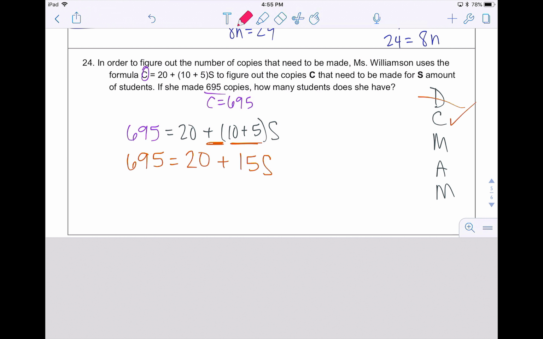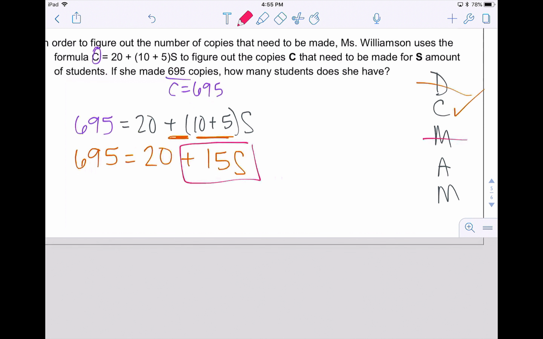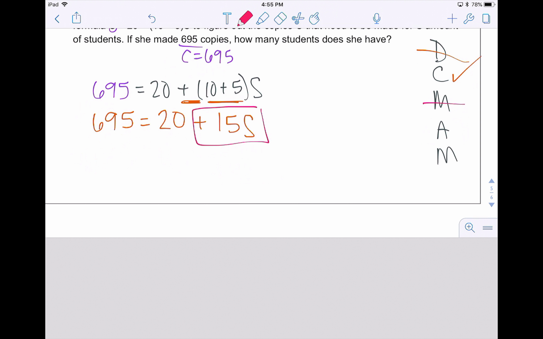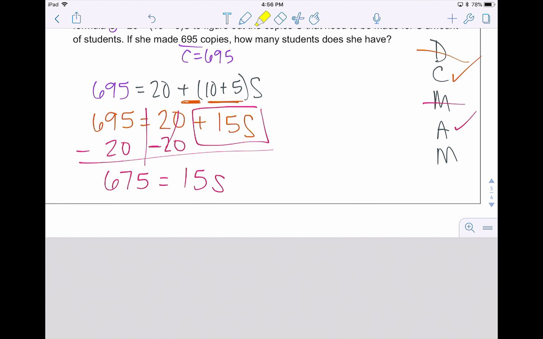I am solving for s, but I do not have s's on both sides, so I don't need to multiply or move. And then I do need to add or subtract. So I'm going to move 20 through the opposite operation. So 695 minus 20 is 675, and then I'm left with 15s on the right side.